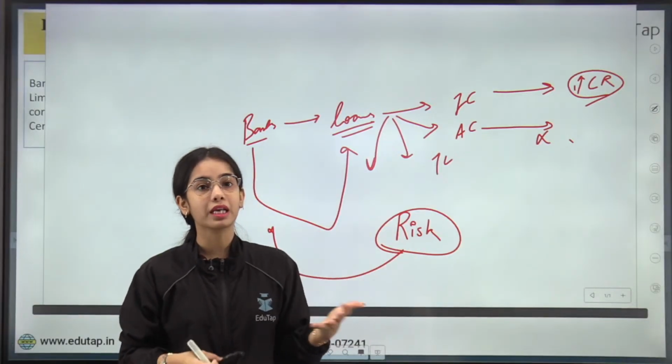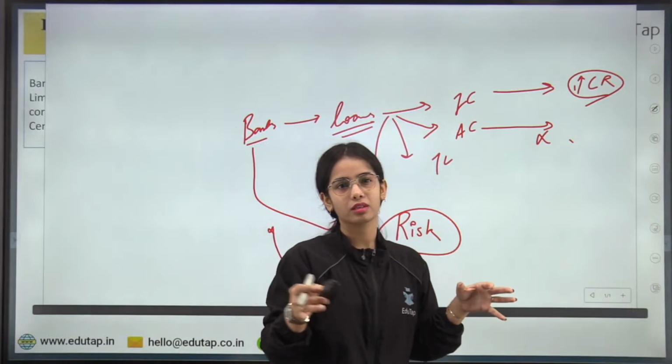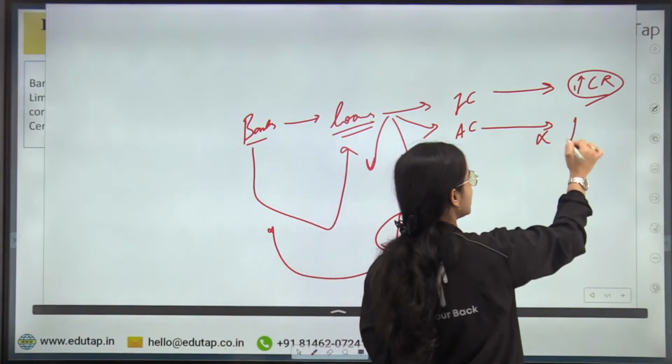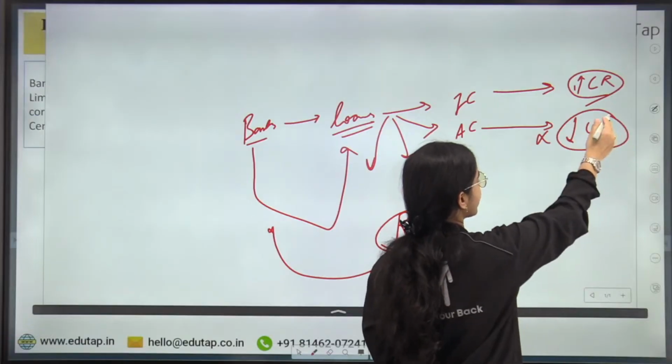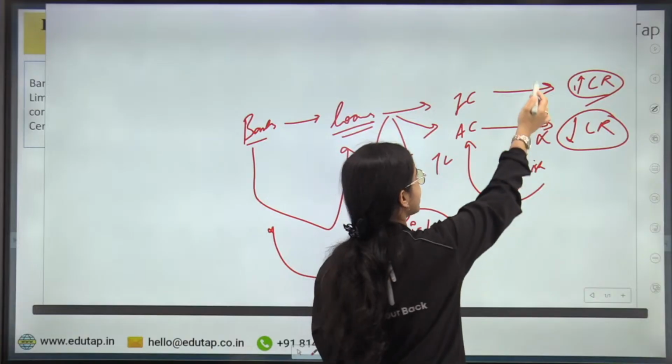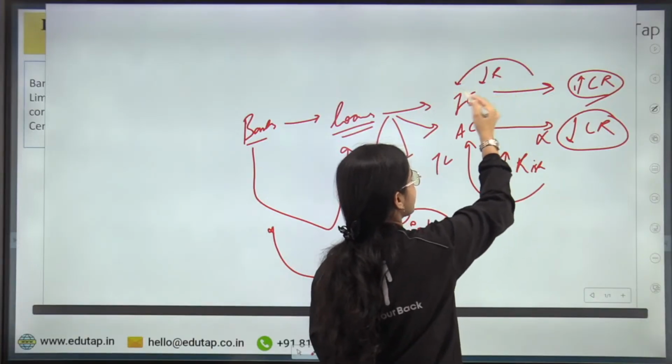That company will have a lower credit rating, and with the lower credit rating there will be higher risk attached with this company, while there is lower risk attached with the good company.